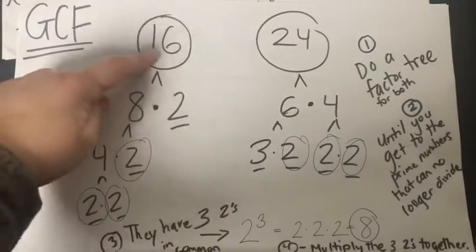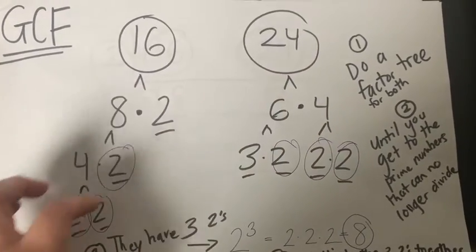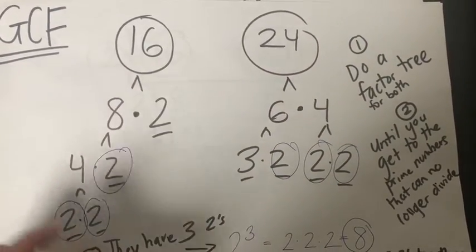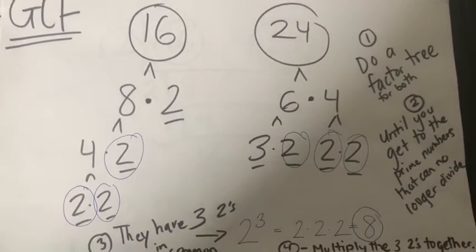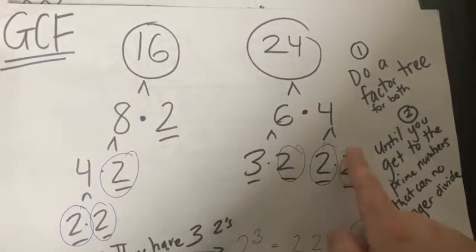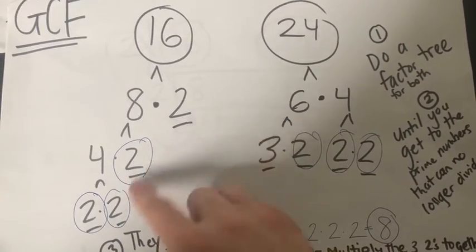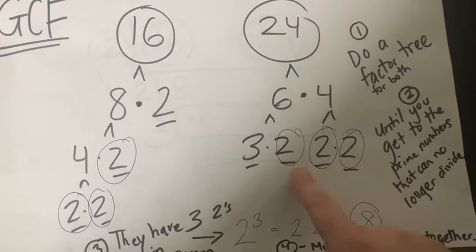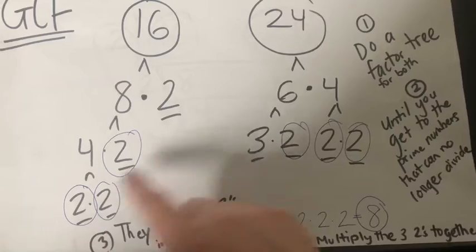In this case, I have factored out my 16 and I've factored out my 24. And I've circled or underlined the numbers that are prime numbers that stand alone. Once I've obtained all my prime numbers, I'm going to compare this list to this list, and then I'm going to find the common ground. In this list, I have 4 2s, but in this list, I have 3 2s. So they have 3 2s in common. That's why I circled the 3 2s.